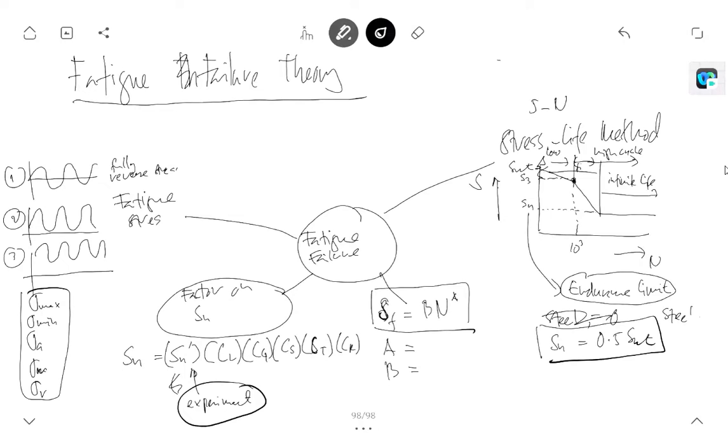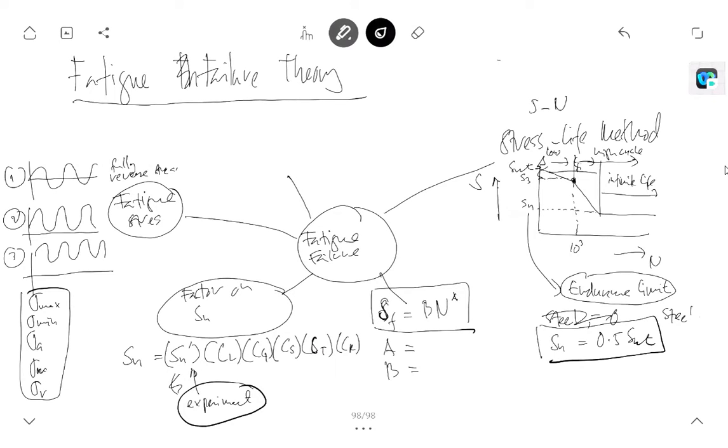Then from this fatigue stress, we have learned this fatigue stress will be modified if there are discontinuities or any notch, any stress concentration on that component.